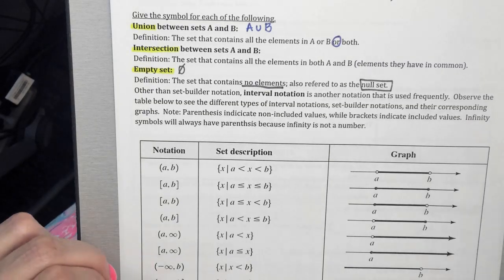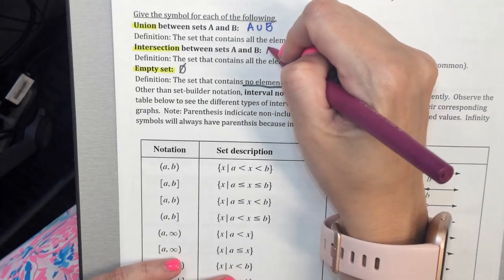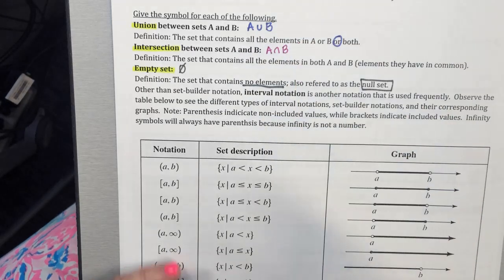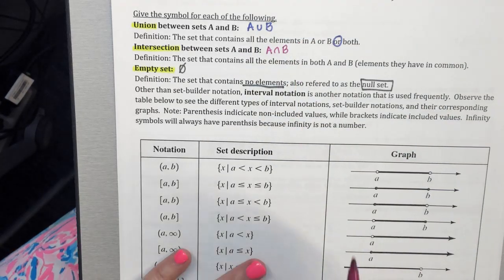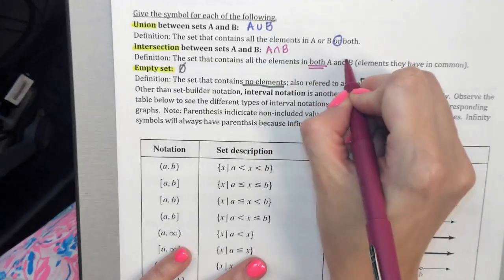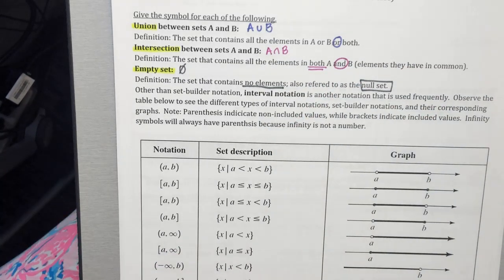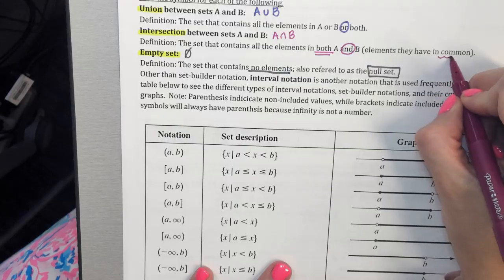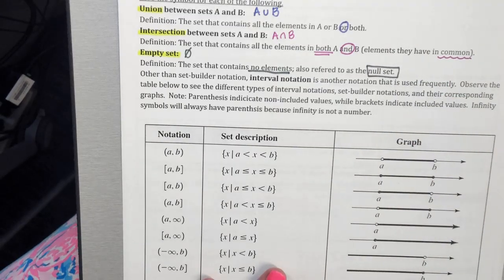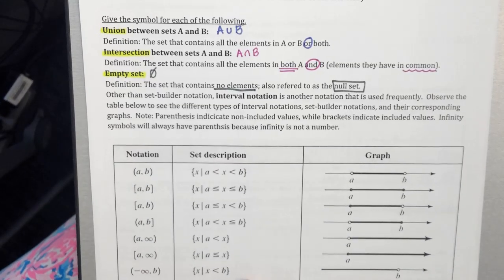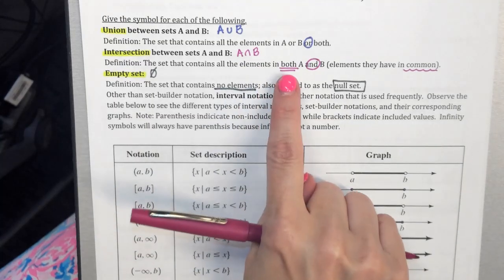And the intersection is the set that contains all of the elements that are in both A and B. So it's elements that they have in common, and only the ones they have in common. This one here is more restrictive.